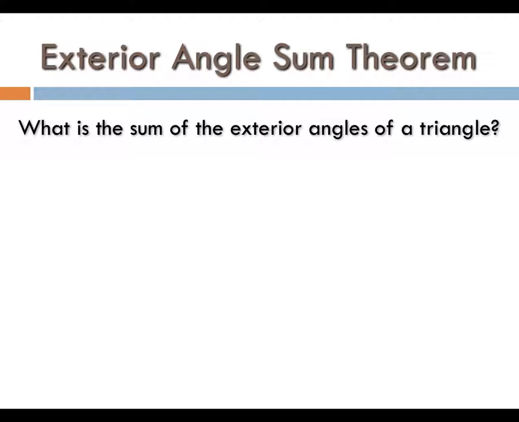Okay, draw a triangle now, and draw in an exterior angle at each vertex. Do you have any idea what the sum of those exterior angles is? 180. So a triangle is 180, a quadrilateral is 360? Something doesn't seem right here, kids.